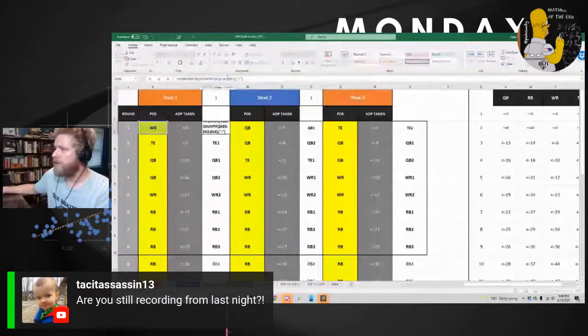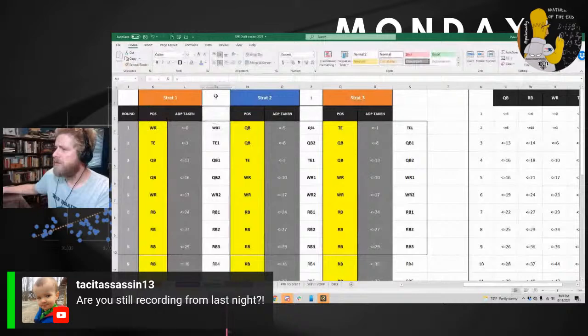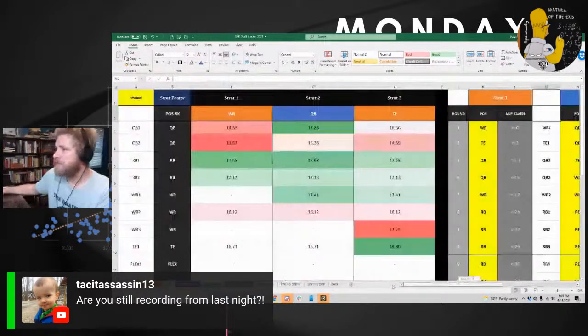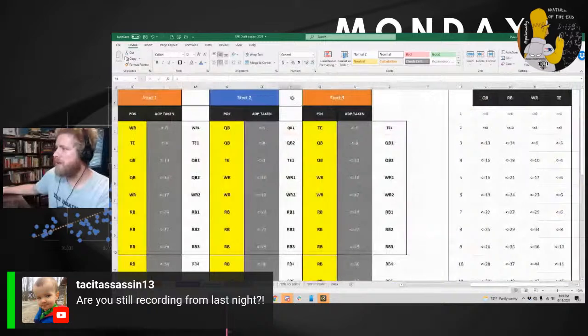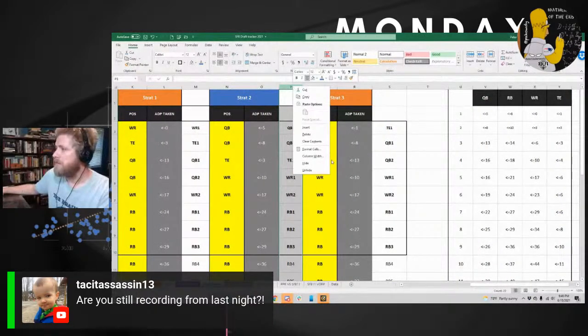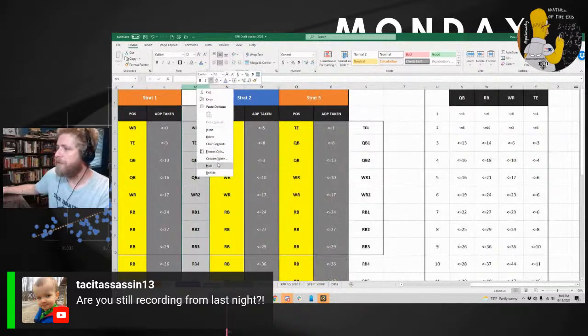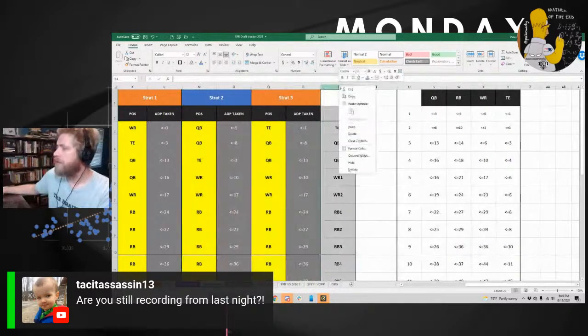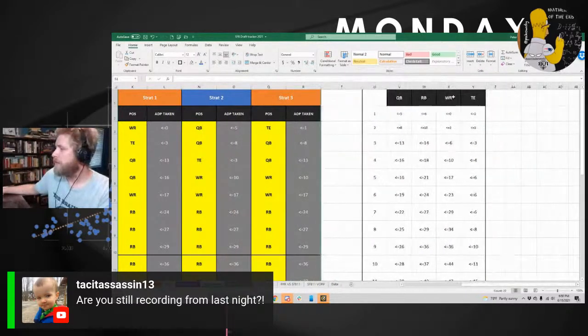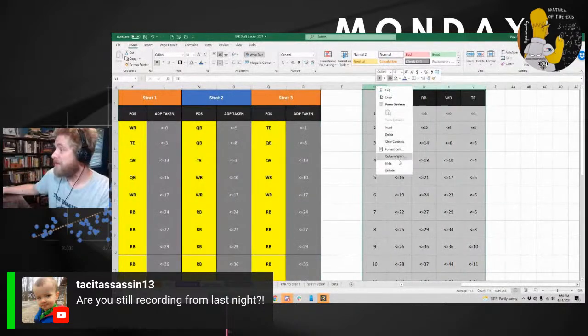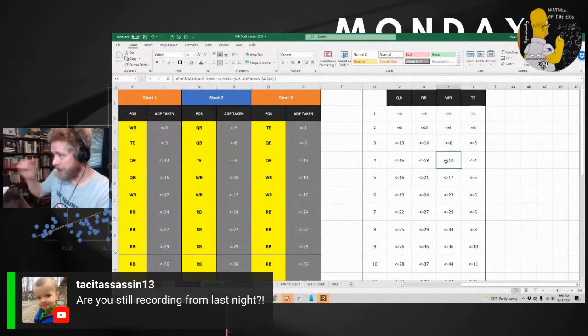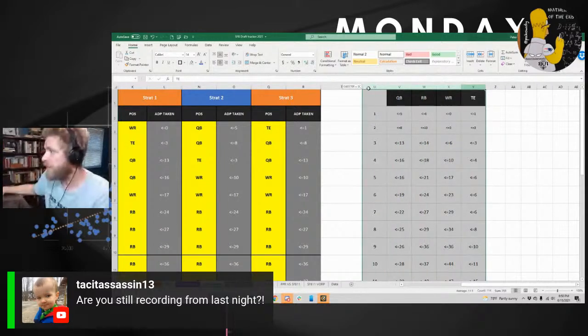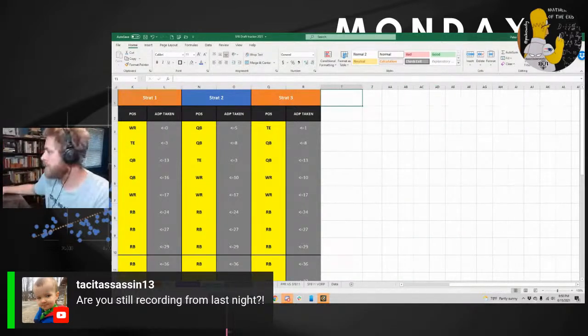I don't know what this is. Why are there ones here? Don't know. And that's based on ADP. Literally only 10 wide receivers are taken by round 4. So if you take one in round 4, you're getting a top 10 wide receiver. That's what it's assuming.